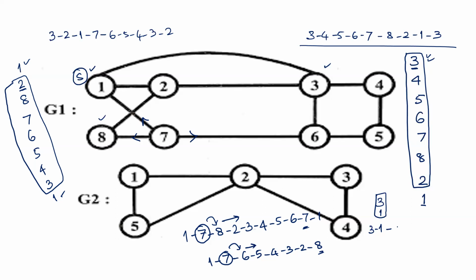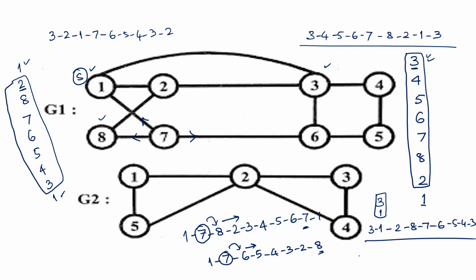So 3 to 1, then 1 to 2, 2 to 8, 8 to 7, 7 to 6, 6 to 5, 5 to 4, and 4 to 3. So this is one more cycle. So we tried vertex 4, vertex 2, and vertex 1.